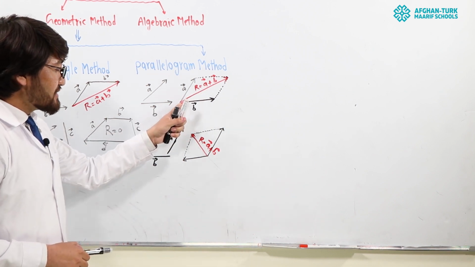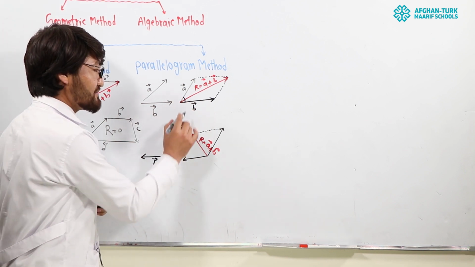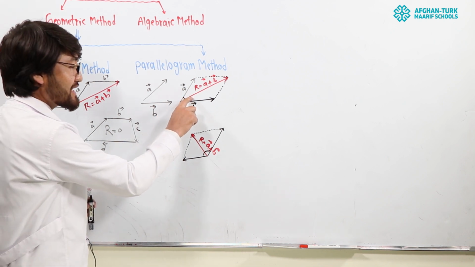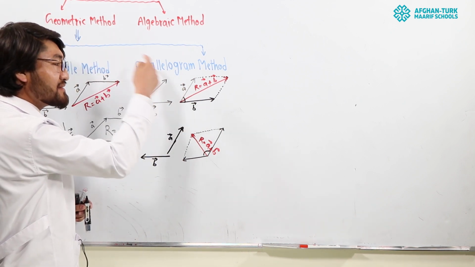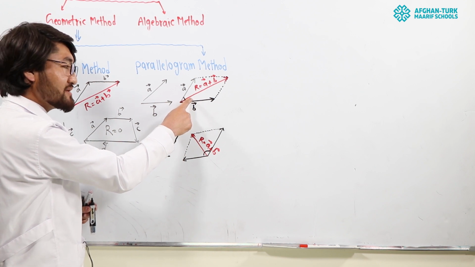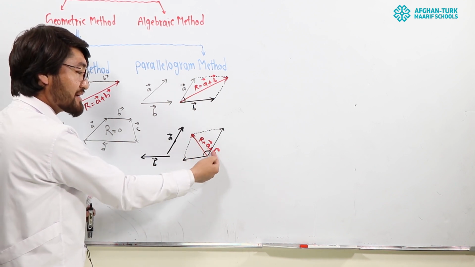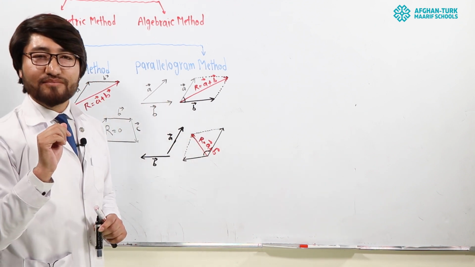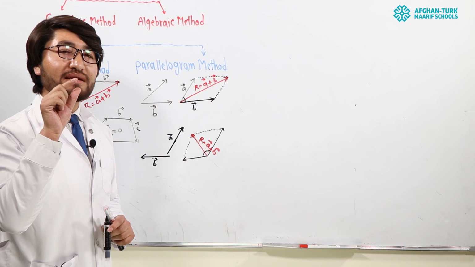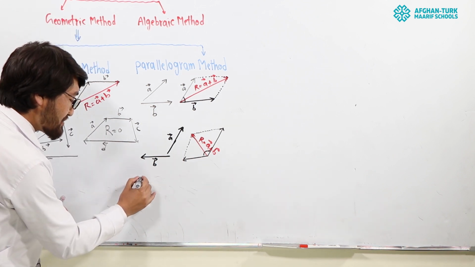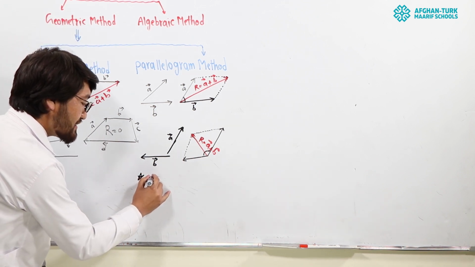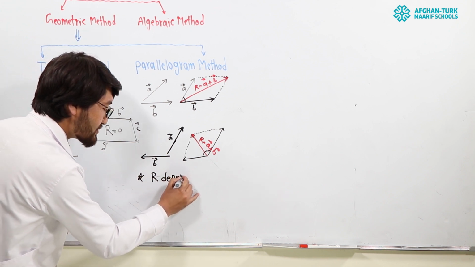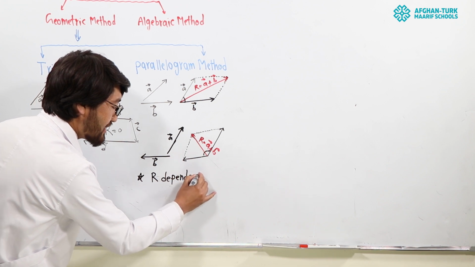Look at this shape. Here we have an angle, and here also we have an angle. You can see this angle is less than 90 degrees, and this angle is greater than 90. Remember this point: the resultant R depends on two things.